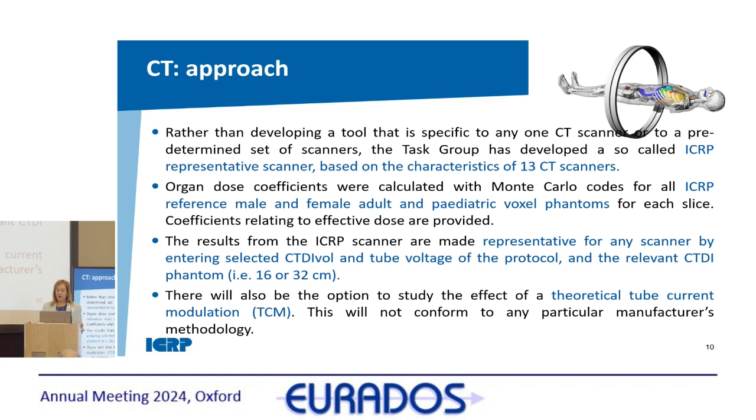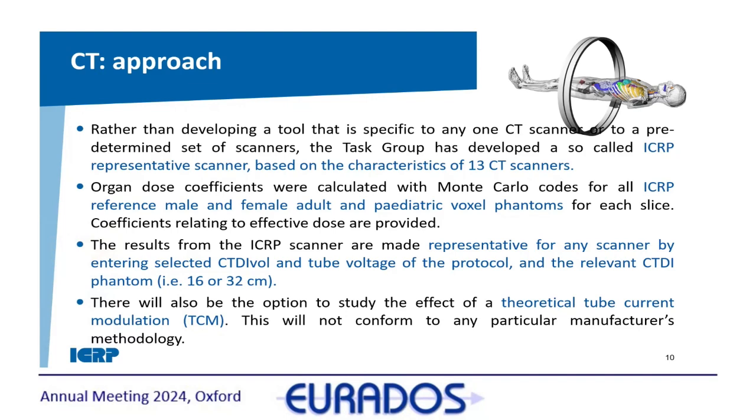So rather than developing a tool that is specific to any one CT scanner or to a predefined set of scanners, the task group has developed a so-called ICRP representative scanner based on the characteristics of 13 scanners. And this is actually an achievement of Jan Jansen, who is working for our host here.